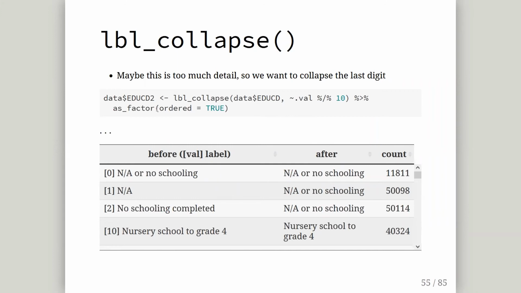So also I want to highlight that there is this argument to as factor, ordered equals true, that you can use if you want to preserve the order. In this case, it makes sense because education is an ordered variable, levels of education. So you might want to use that in some cases.